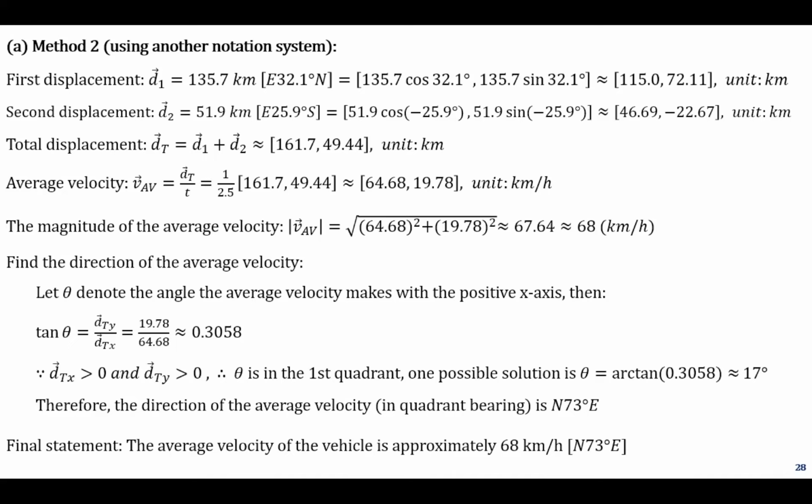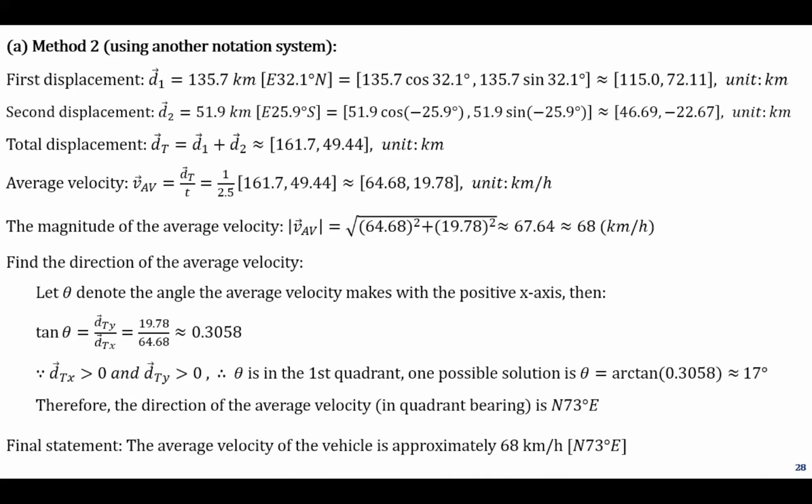Okay, so in the second method, first, we can express the first displacement delta D1, which is given by 135.7 kilometers. Direction is given by 32.1 degrees north of east, right?